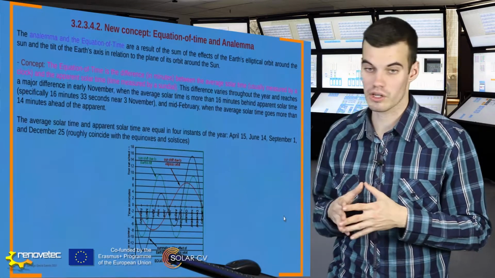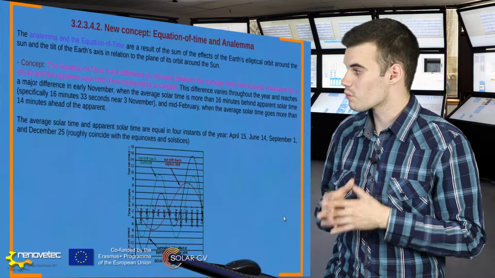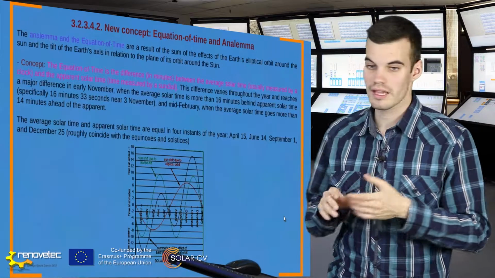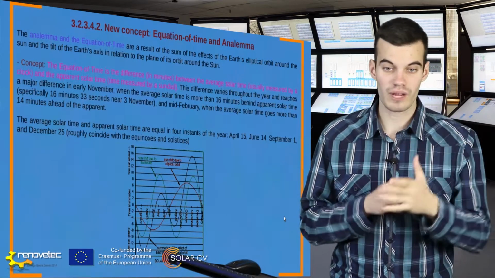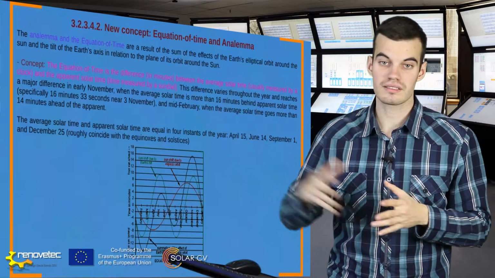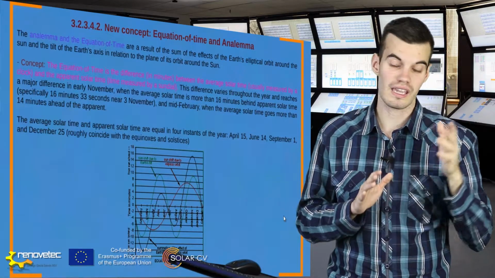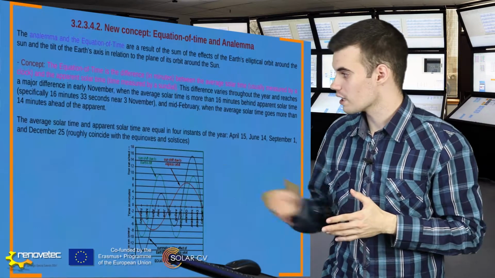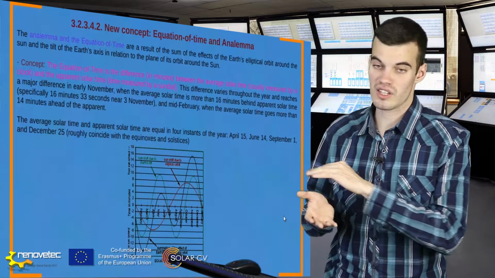For example, in November the average solar time is more than 16 minutes behind apparent solar time. That is, if our mobile phone says 8 o'clock, for example, the apparent solar time, that is the sun position, is going to be 8:15. And on the other hand, in mid-February it is the opposite.